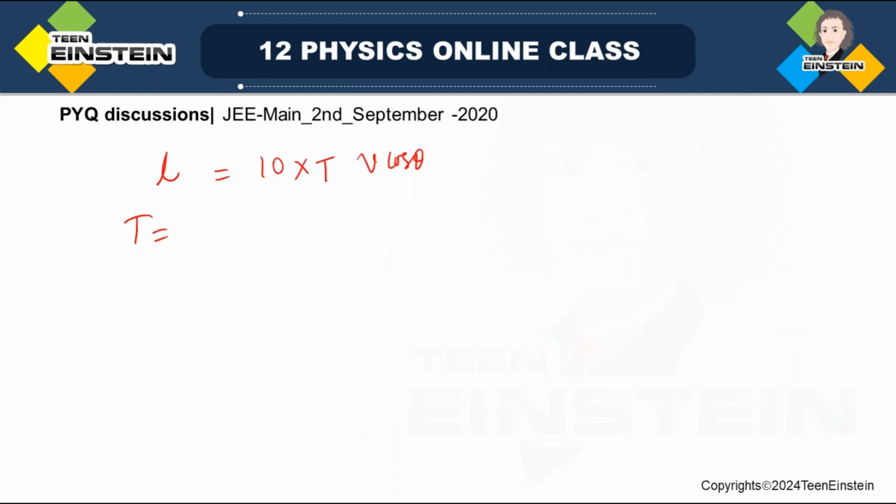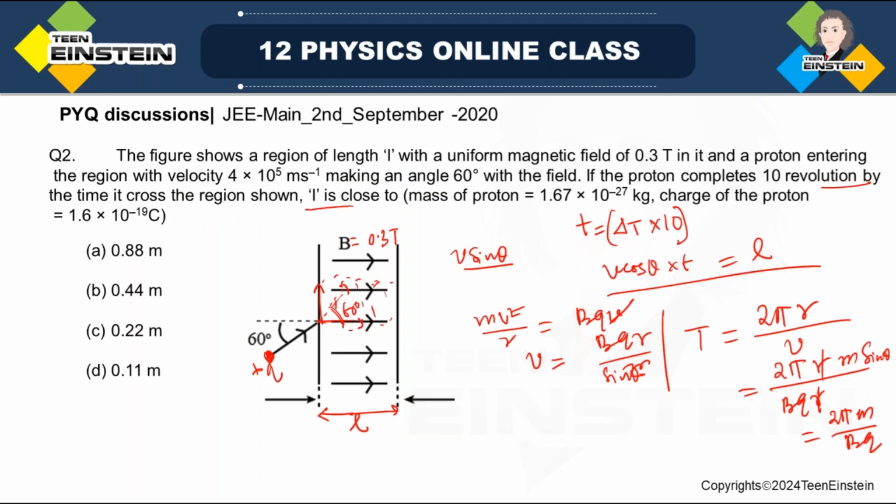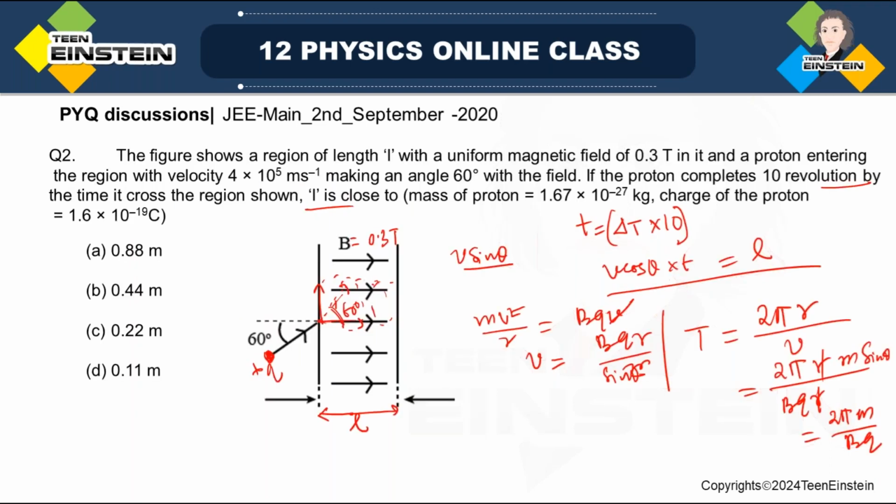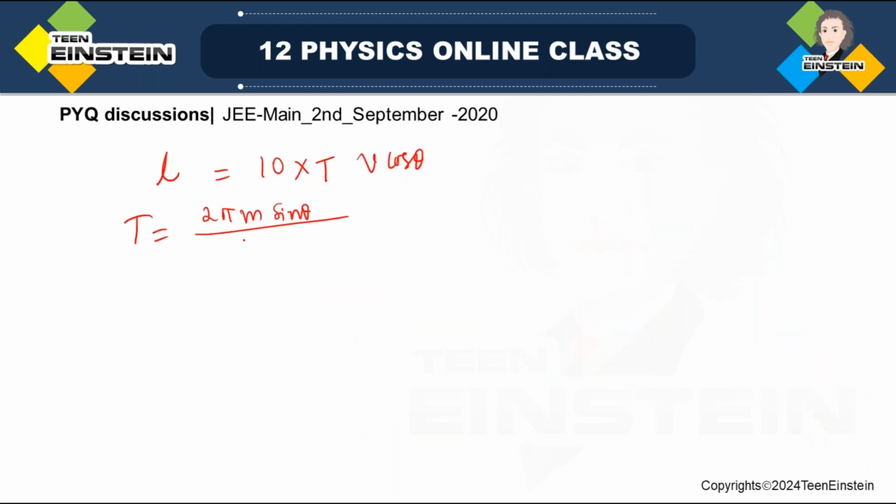Okay, 2 pi m sine theta divided by Bq. So I can actually get the value 2 pi m sine 60 degree.